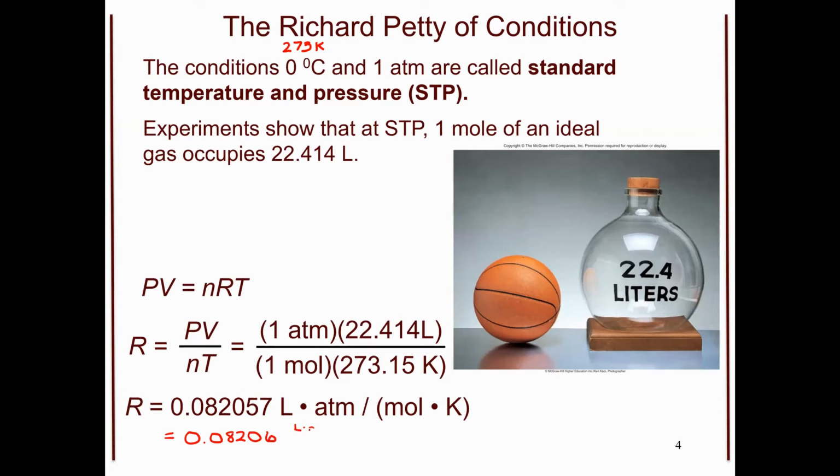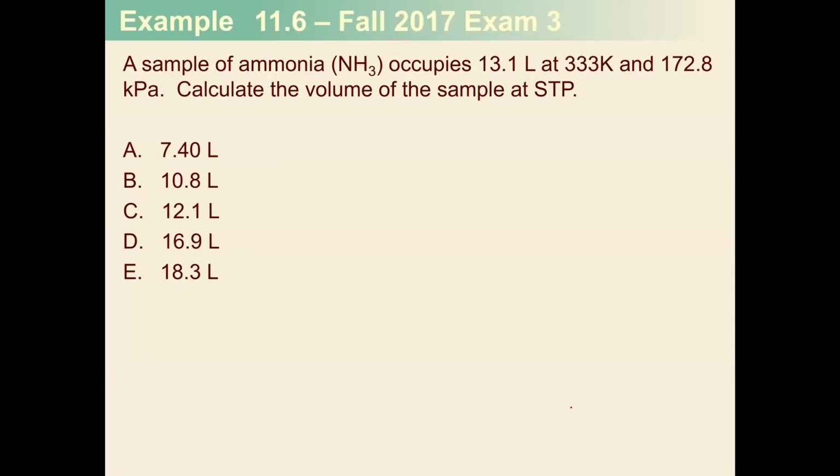Remember that the units are liter atmosphere over mole Kelvin, and this is going to be incredibly important for us because we are going to cancel out our units in our next problem. Let's try that example. A sample of ammonia occupies 13.1 liters at 333 K and a pressure of 172.8 kilopascal.